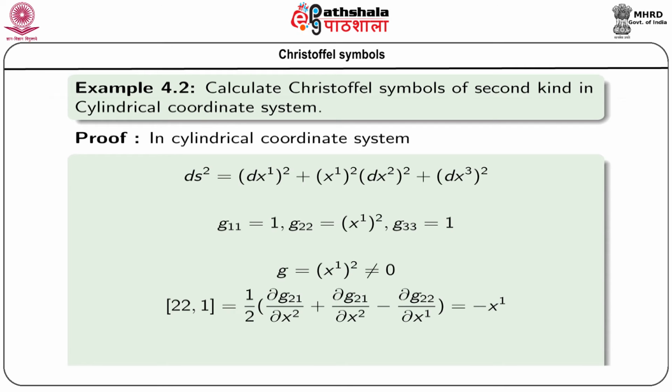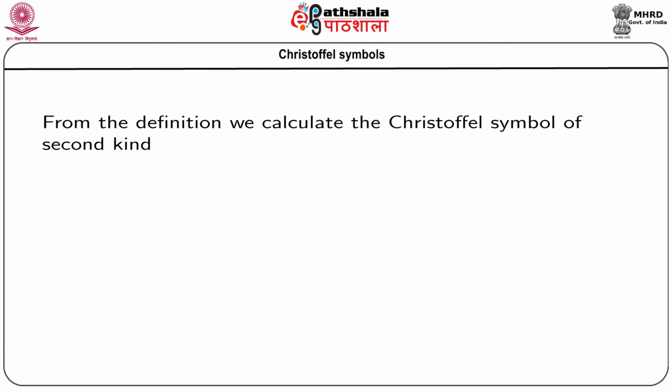Now, Christoffel symbol of first kind [22, 1] is equal to minus x1 and [21, 2] is equal to x1. So, only these two Christoffel symbols of first kind exist for the cylindrical coordinate system.